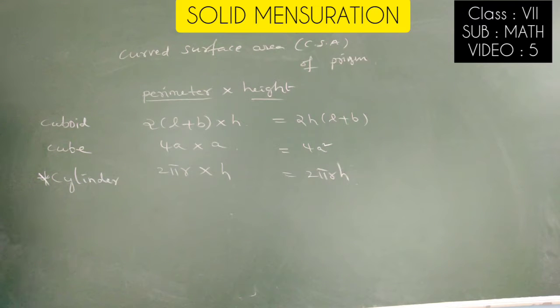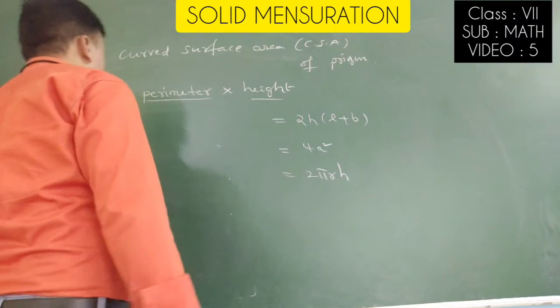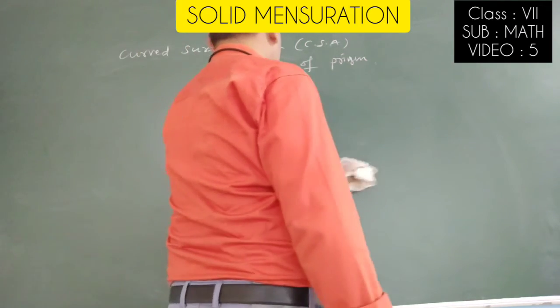Cuboid, cube, then cylinder. Already we discussed these two. Next, now total surface area.